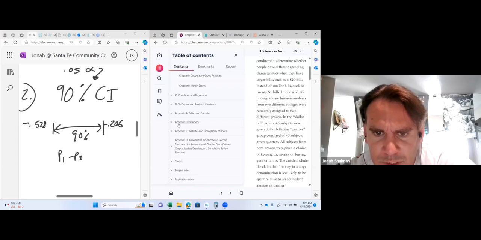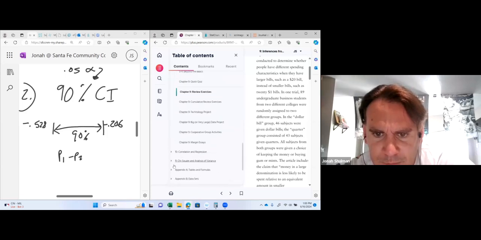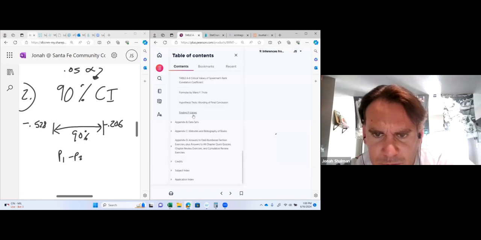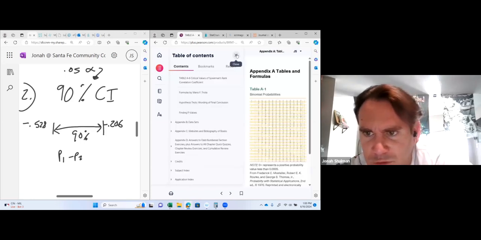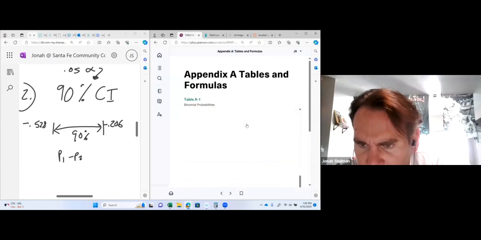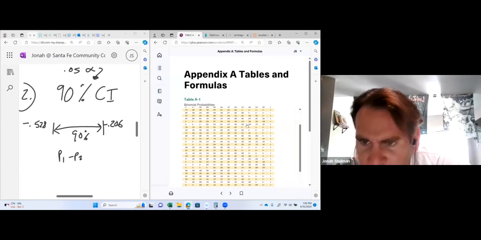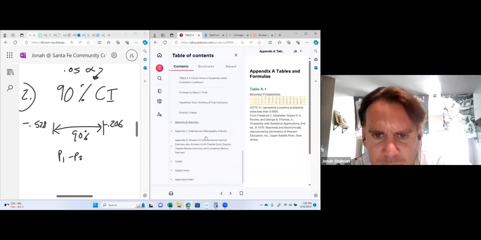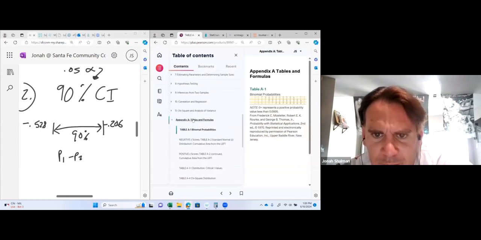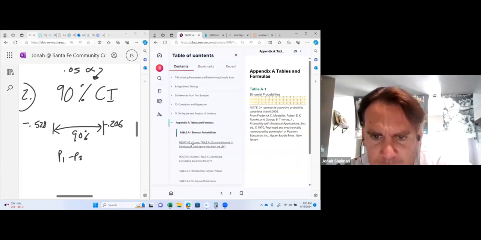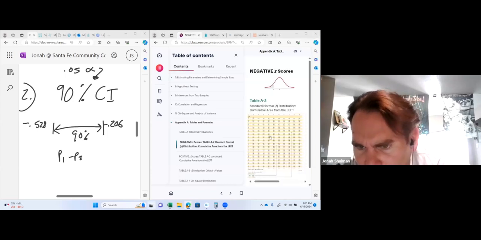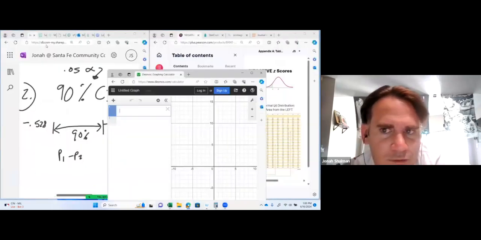I believe this one was the table for binomial probabilities. Or it's the one for z-scores. Let's find it. I remember seeing it. All right, well, it's not this one. It's at the very bottom. Yeah, here we go.